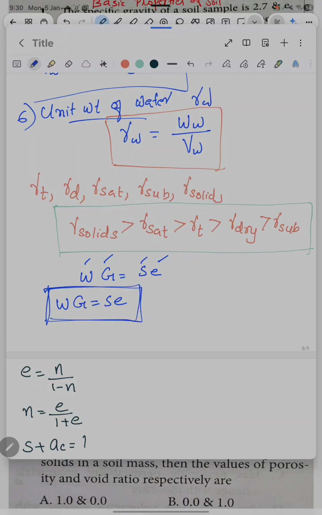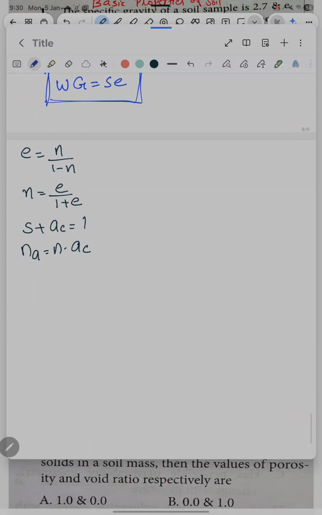We have to add the same equation here: wG = Se. If any one of the values is missing here, we can find the value by using the equation wG = Se. If we have to find w and the rest of the values are given, just put all the values in this equation and find the value of w. Okay.